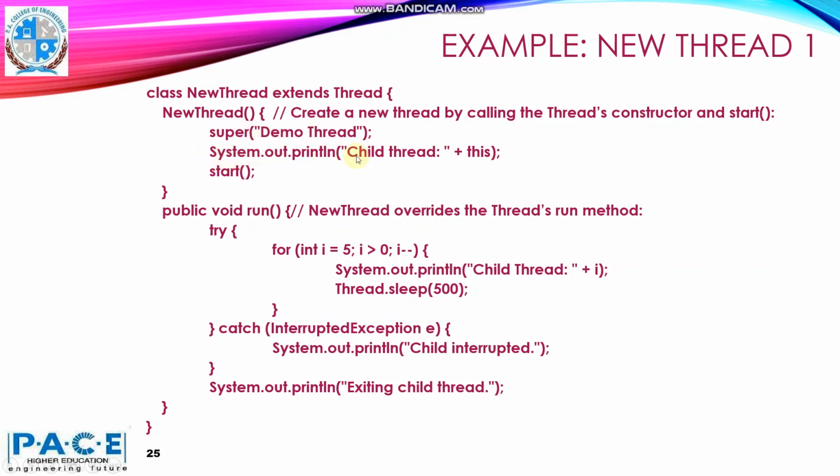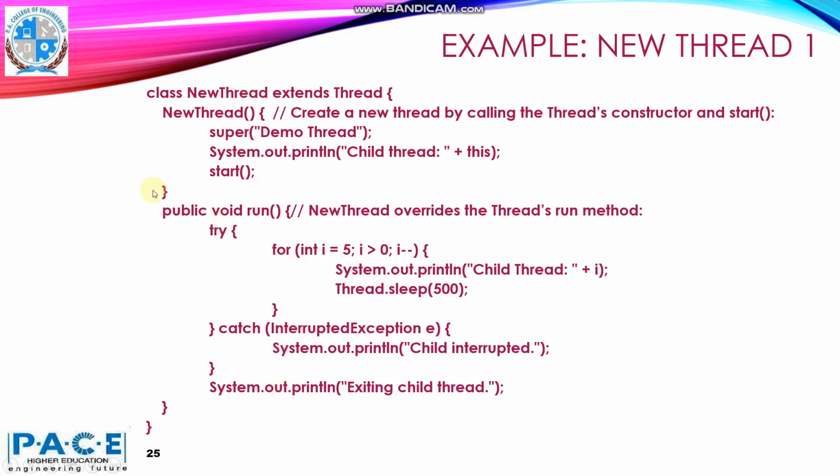After that we are printing child thread, and we are printing the information about this thread. Then we call the start method. This start method will in turn call the run method.